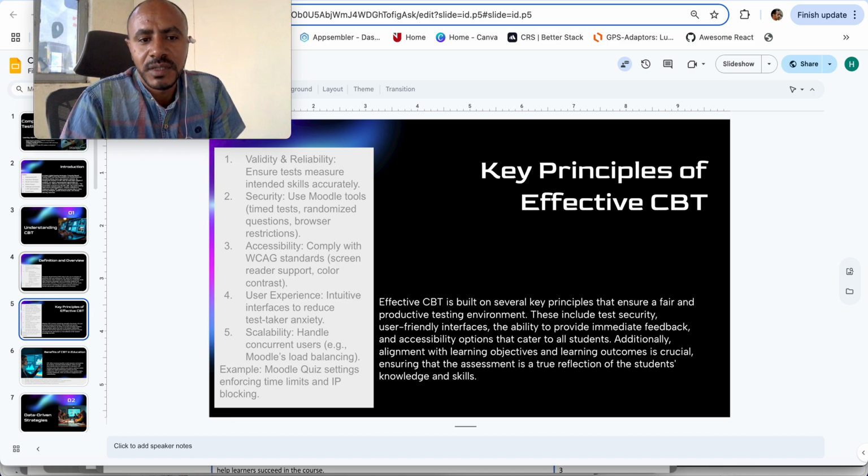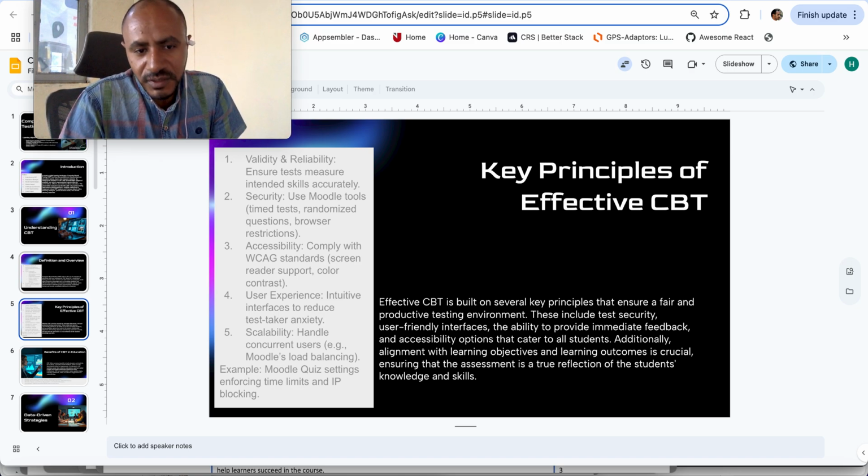Okay, so if we were developing these items not compliant to certain standards, that would be difficult for some students to take these assessments. Okay, so accessibility standards, and adhering to those standards, would be very necessary.